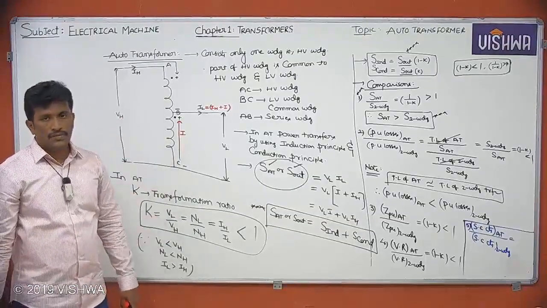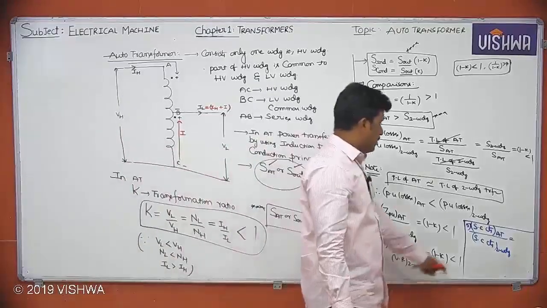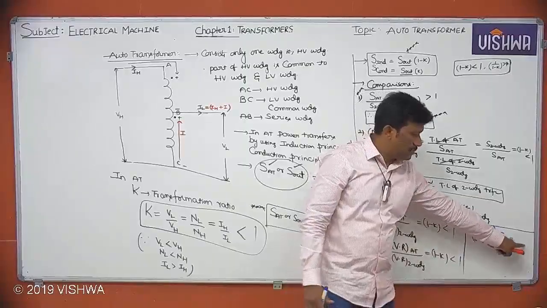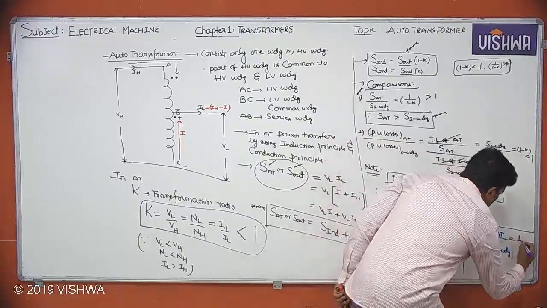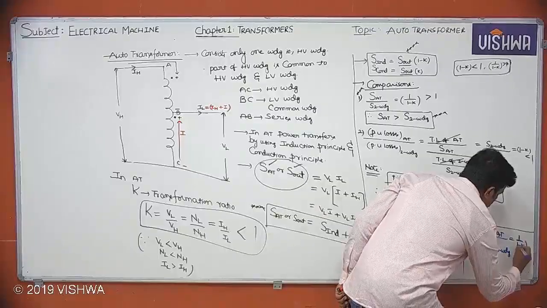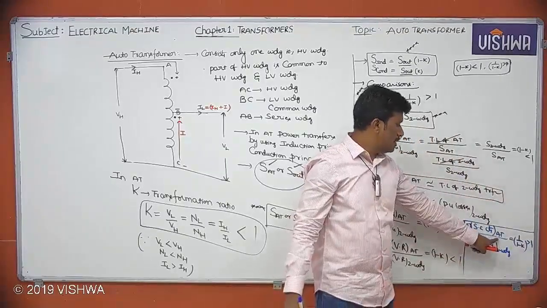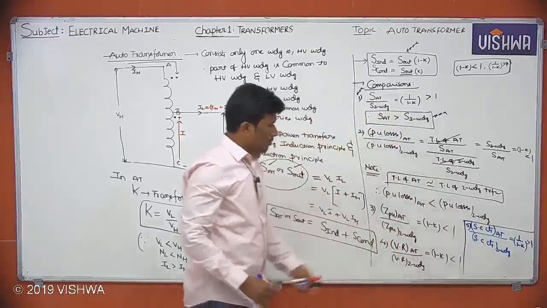So there are a lot of reasons for having more short circuit currents here. So SC currents of auto transformer will be more. More means the value greater than 1 should be there. Greater than 1 means 1 by 1 minus K is greater than 1. So SC currents of auto transformer will be more than SC currents of two-winding transformer. Okay. So note it down.